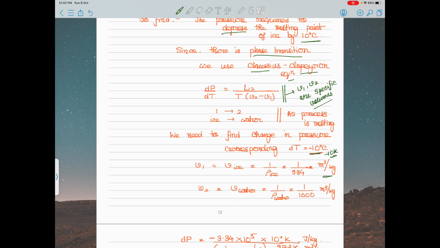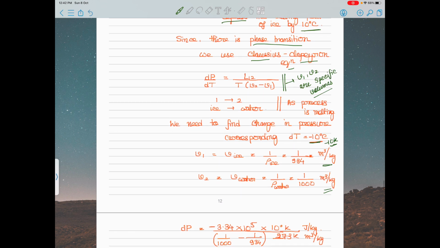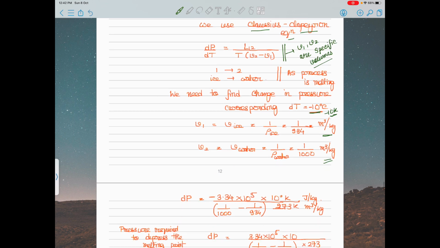Now V2, for the water, is 1 upon 1000 meter cube per kg. So V1, V2 we have already found out. Temperature is given, that is 273 Kelvin, that is 0 degrees Celsius. L is the latent heat of melting or fusion with a positive sign. dT is depressing, so minus 10 degrees Celsius or minus 10 Kelvin.